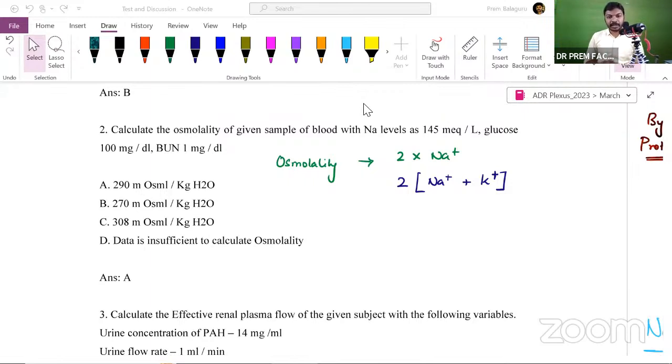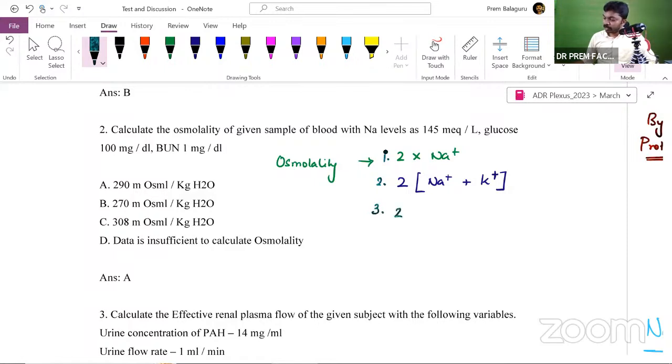How are you going to calculate osmolality? It's a simple calculation-based question. You can use different formulas, all right? If you got only the value of sodium, go for the first formula, 2 into sodium level. If you got sodium level as well as potassium level, go for the second formula, sodium plus potassium.